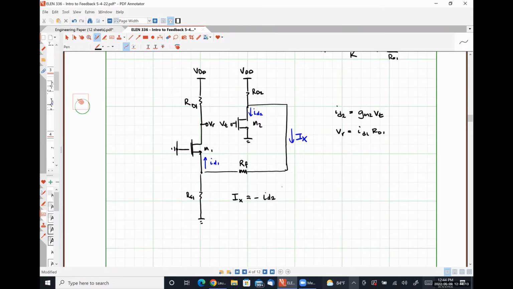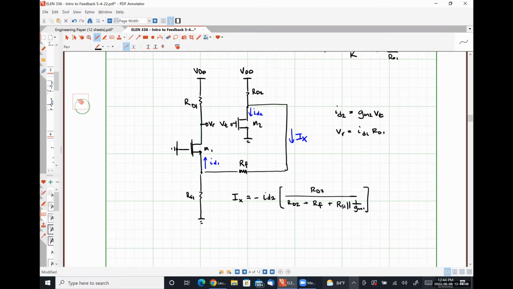So that's going to look like RD2 divided by RD2 plus RF plus RS1 in parallel with 1 over GM1. That's giving us IX. Are we okay with that?